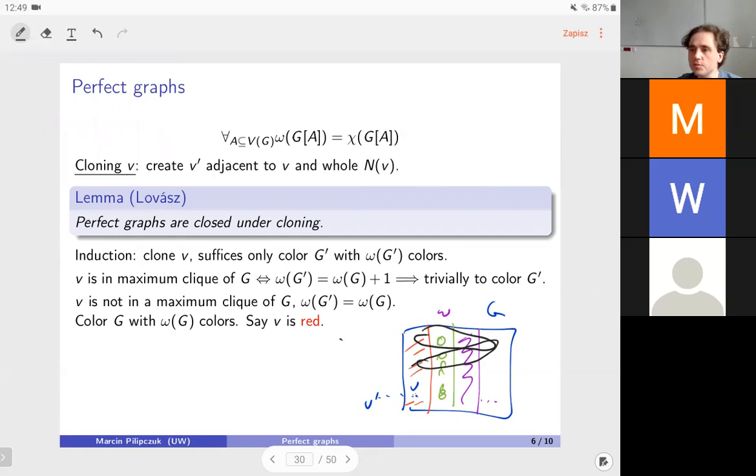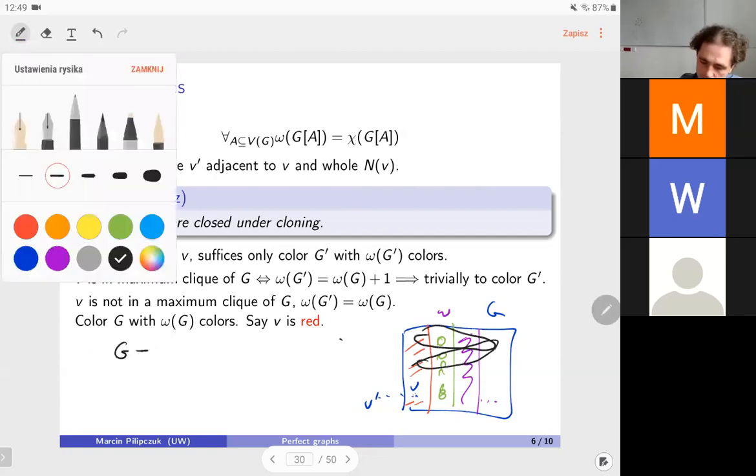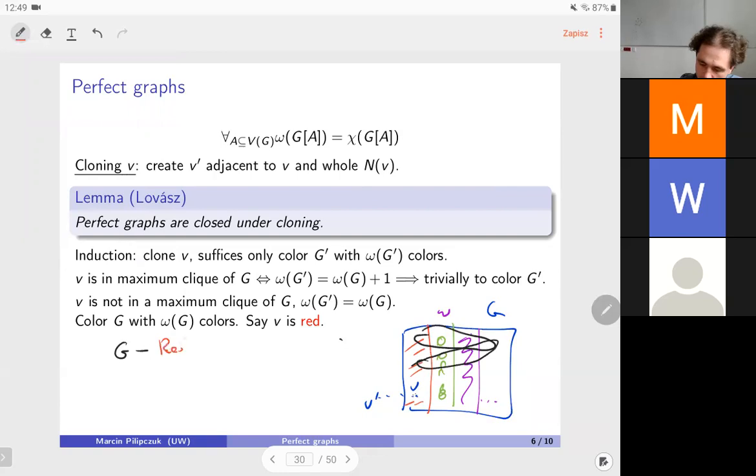Now the observation is that if I take the graph G and delete the color red, but not vertex V, so I delete this area but keep the vertex V, then omega drops by 1, because I intersected all maximum cliques.